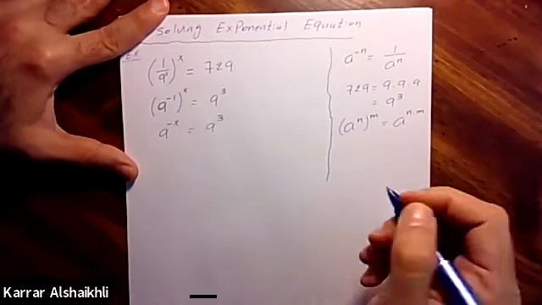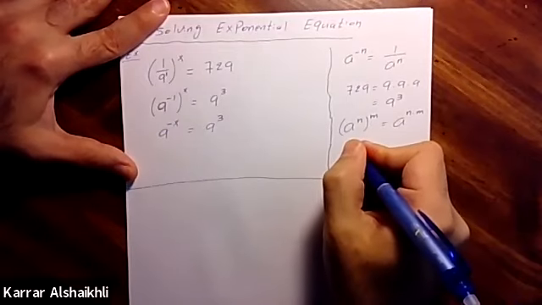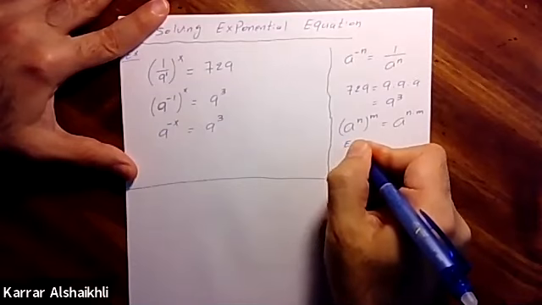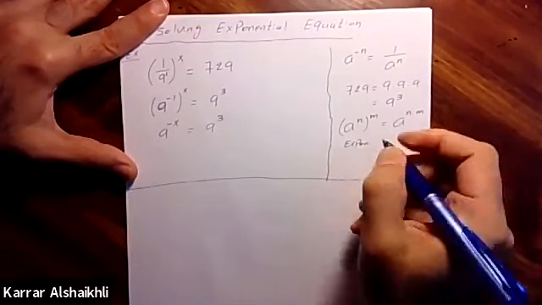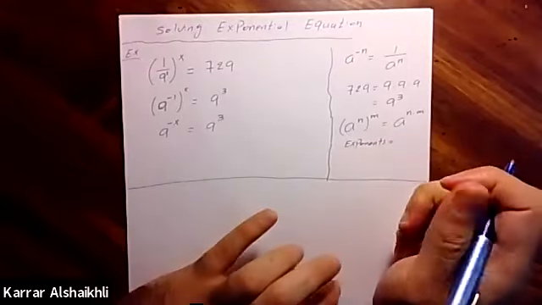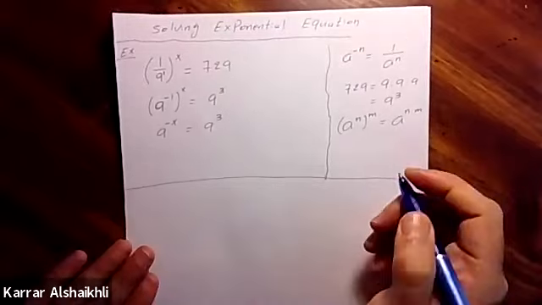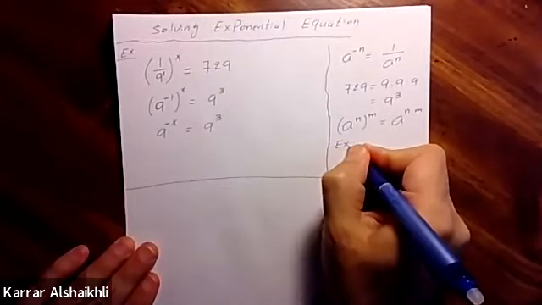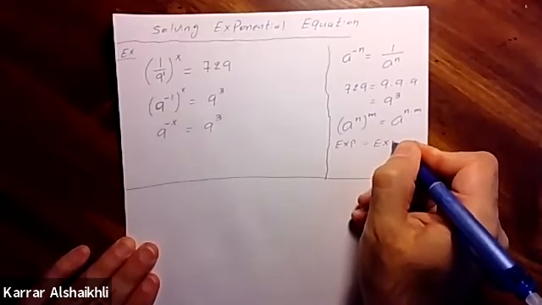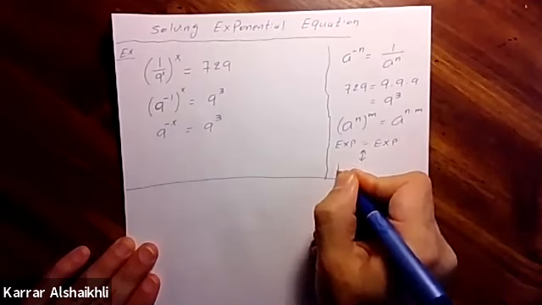Next rule, which is the important rule, we're going to use it a lot. Let's write this down, this is really important. Every time you have equal exponents, that means you have equal bases.